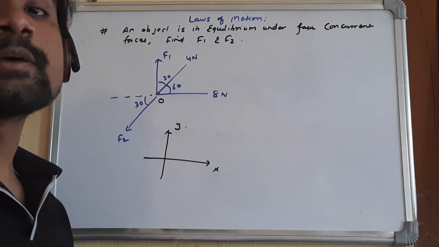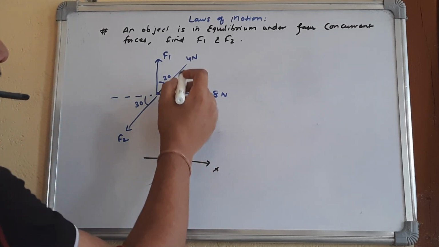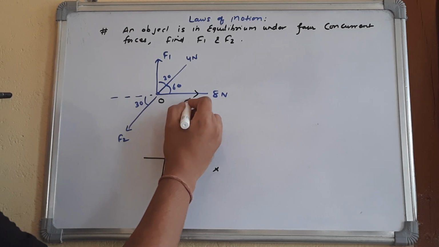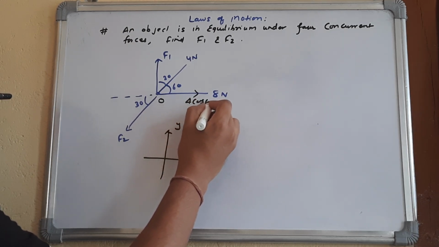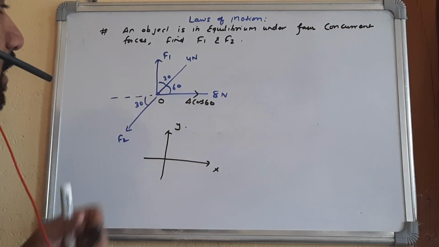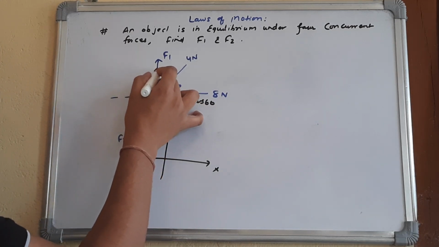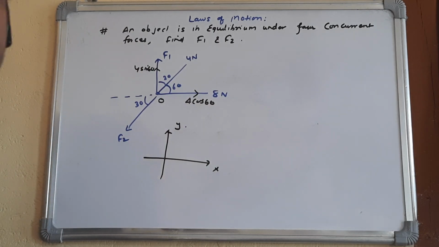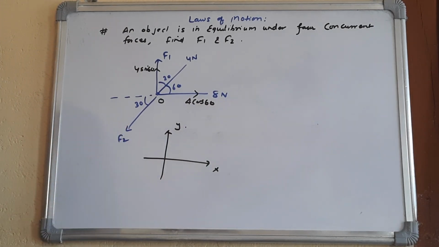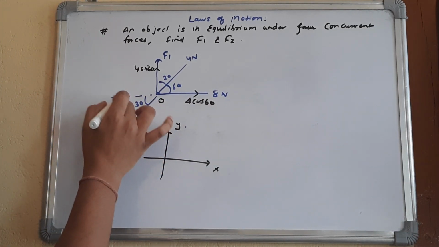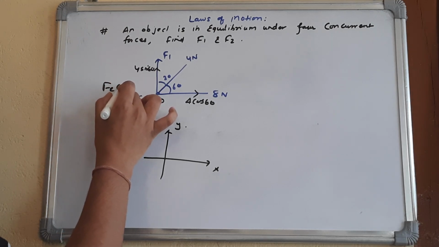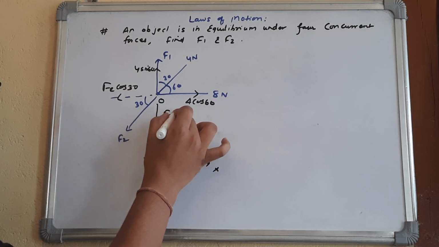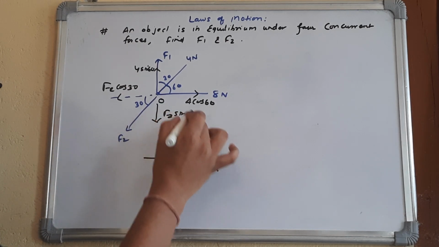So you need to resolve them along both the axes. So this 4 Newton, if it is resolved along this becomes what? 4 cos 60, right? Perpendicularly, if I resolve this becomes 4 sin 60, correct? And if I resolve this F2, along this it becomes F2 cos 30 along x, and along minus y it becomes F2 sin 30, right?